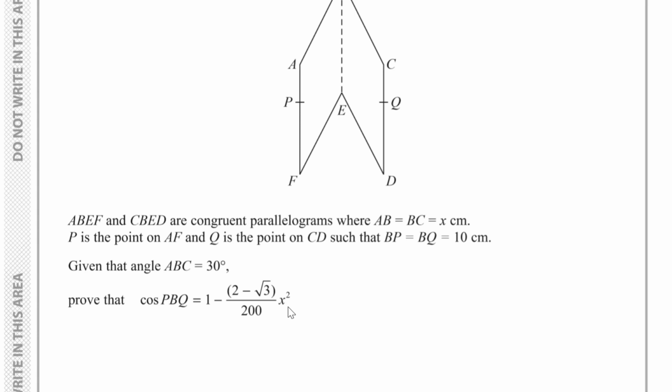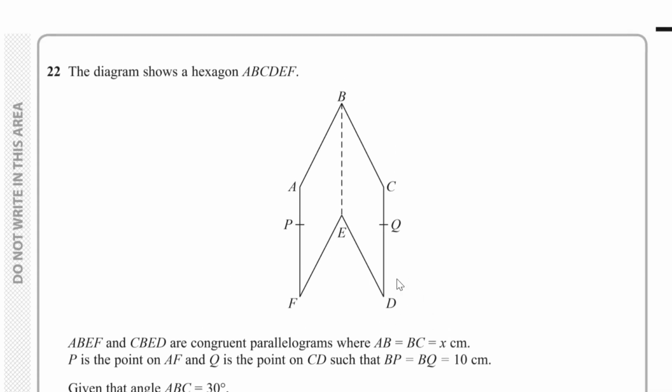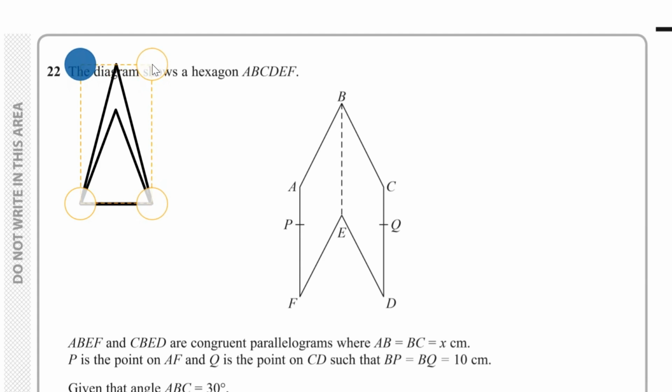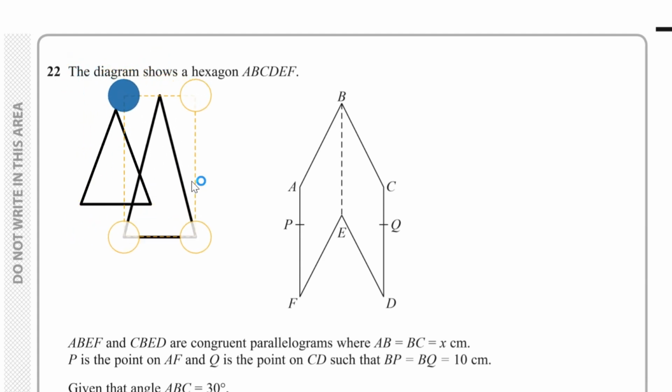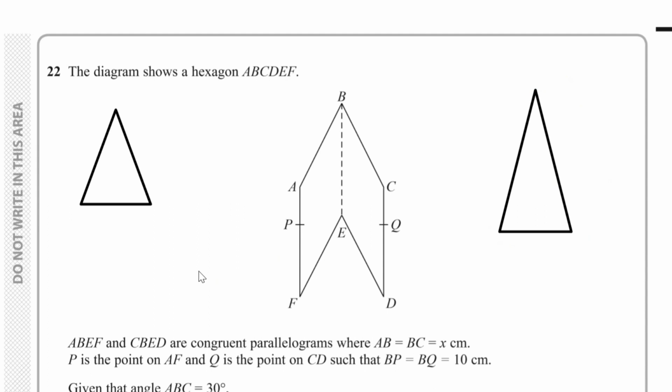Well, here I think it will be a good idea to sketch the two triangles separately. So I've got this triangle here, and I'll just copy and paste it. And what's happening is we've got this other triangle here. We've got the point B over here and point B over here. We've got A and C here.